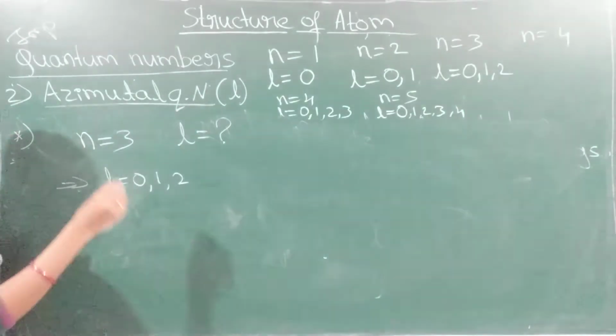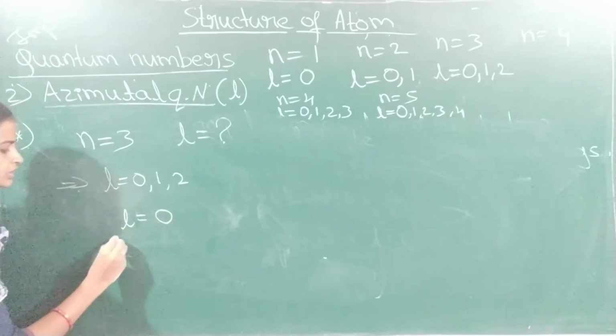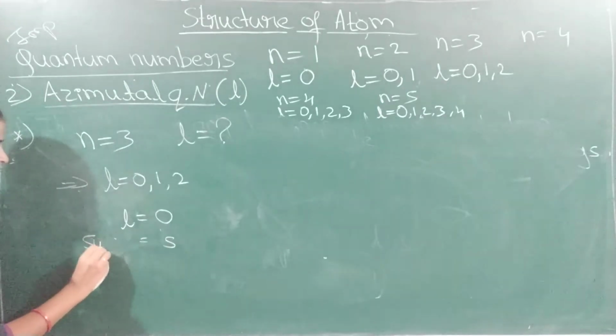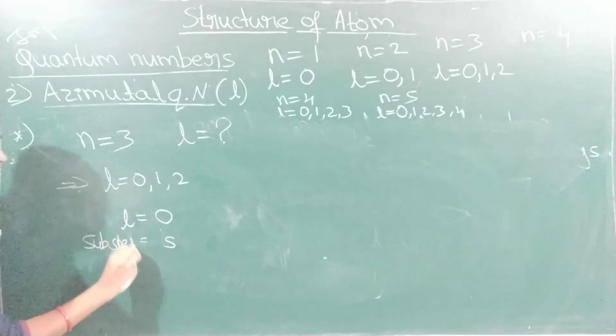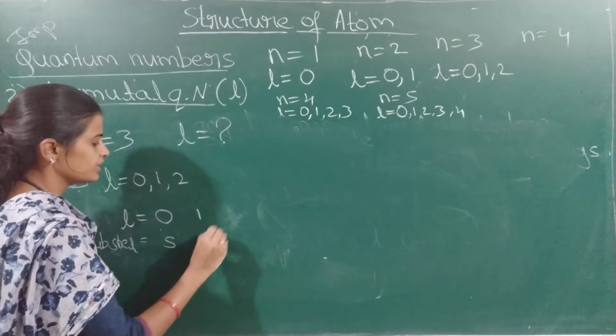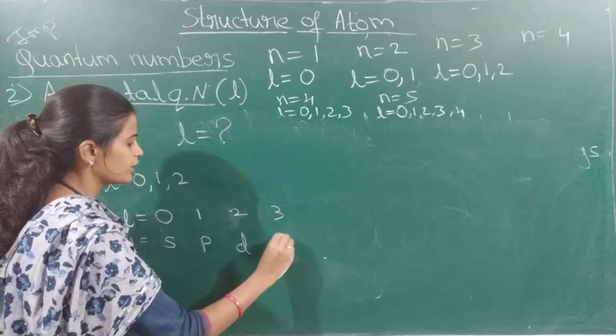Okay. Now, write down l is equal to 0. The subshell is s subshell. Very important point it is. If l is equal to 1, p. l is equal to 2, d. l is equal to 3, f.